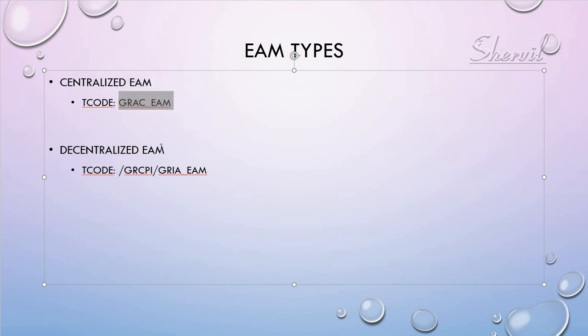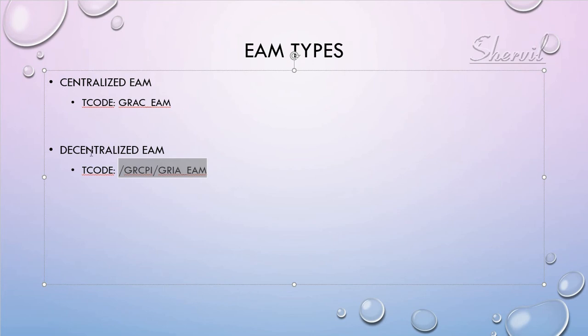But if you're implementing a decentralized EAM, which means you use the EAM setup in the plugin system, which is ECC or BI or whatever else you have, you execute or invoke EAM transaction emergency access using the transaction /n/grcpi/GRIA_EAM.